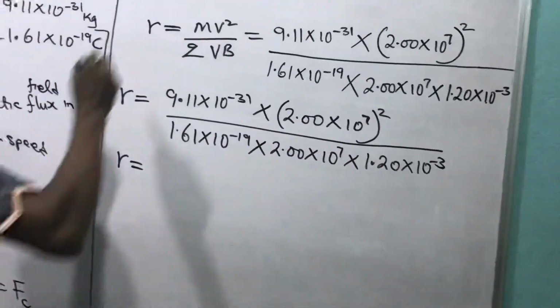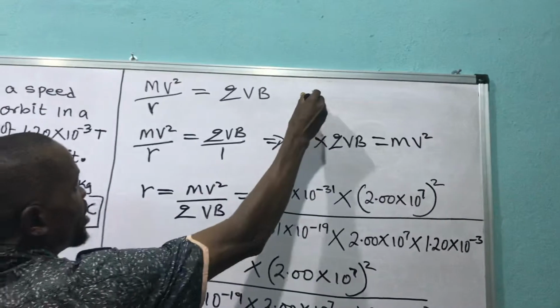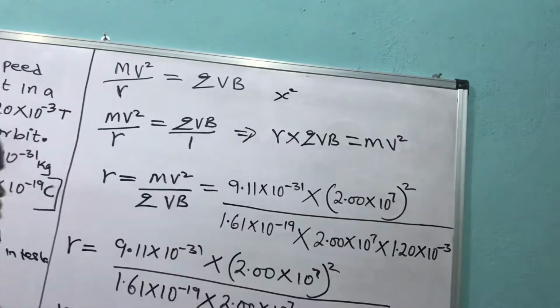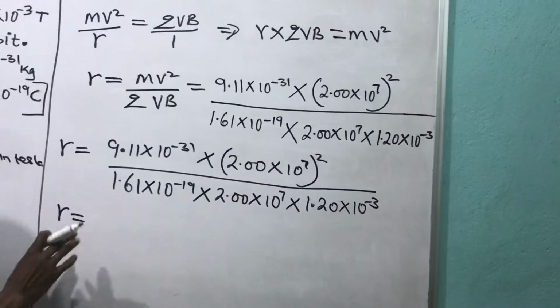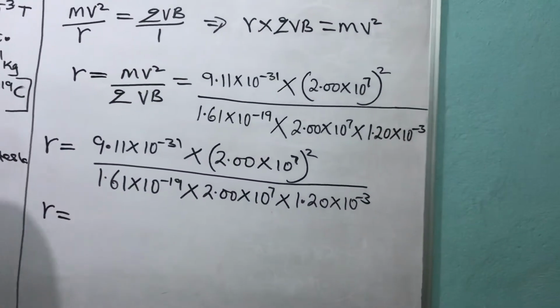You will see something like this in your calculator. Square. Press it. It will give you this. Press equals to, write the value up. Then you come here. The same thing, you come here.